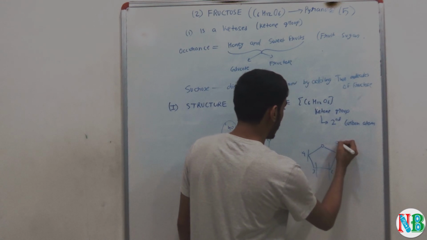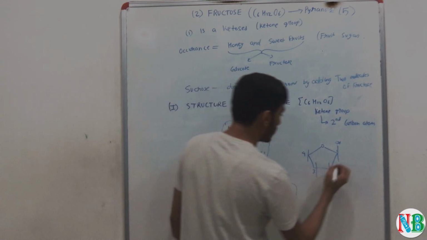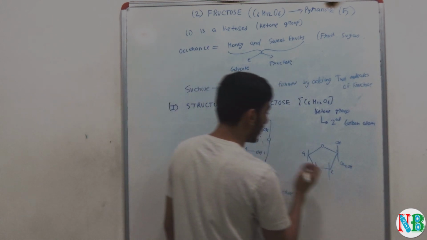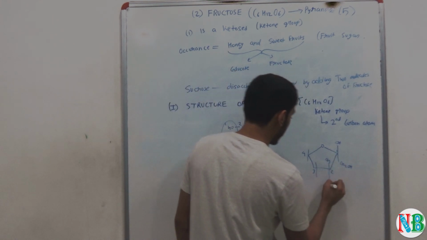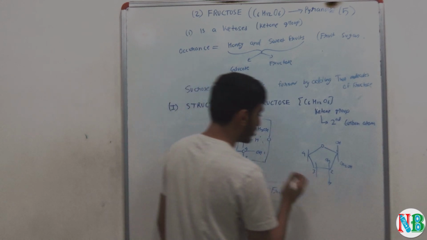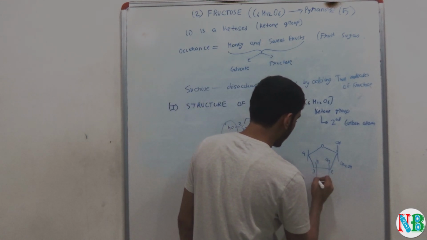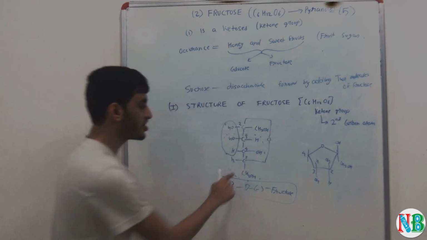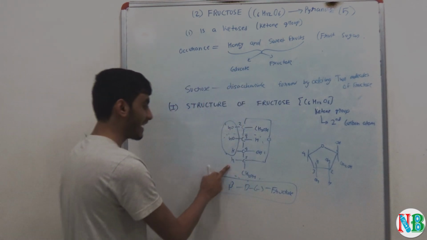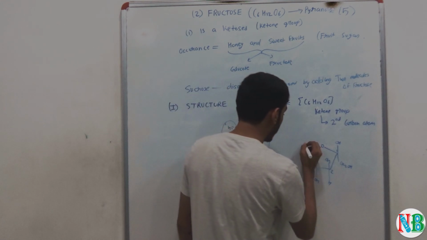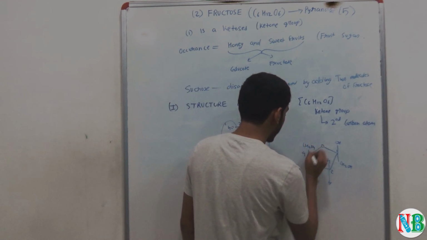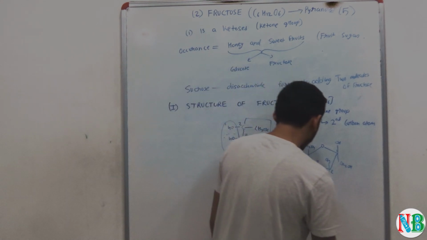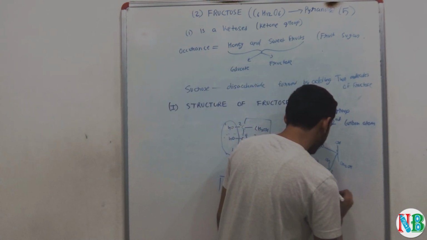In the first case, OH is on the top, CH2OH on the bottom. On the second one, OH is on the top, hydrogen on the bottom. On the third one, H on the top and OH on the bottom. And on the fourth, we know that CH2OH is out of the plane and hydrogen is inside the plane, so this has to be above. So this is the Haworth structure for beta-D-fructose.